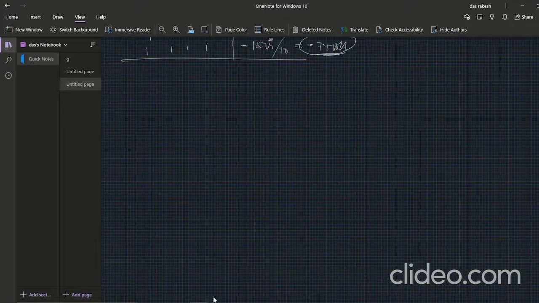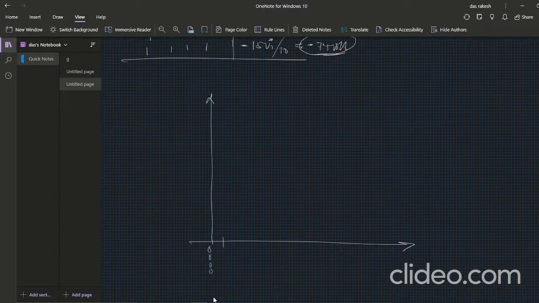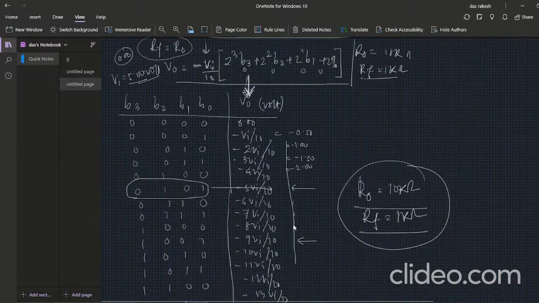Okay, now we discuss the graphical representation of this circuit. On the x-axis we represent the binary combination, that is here 0000, here 0001, and this is 0010, and so on. Ultimately the last input equals 1111, all ones, 4 bit. Now for 0000, what is the voltage at the output? 0.